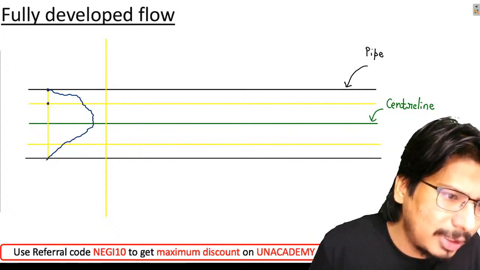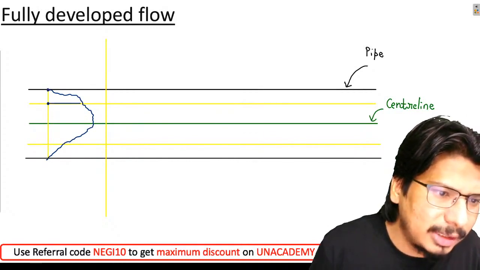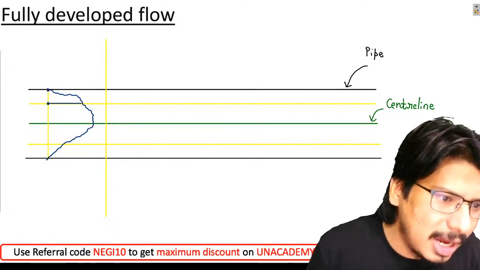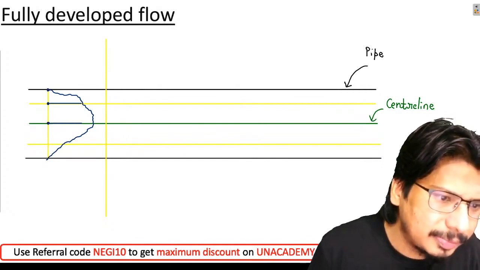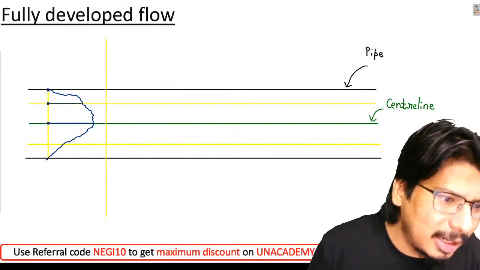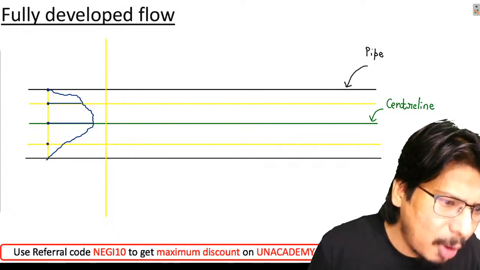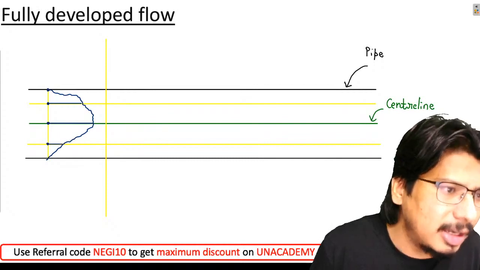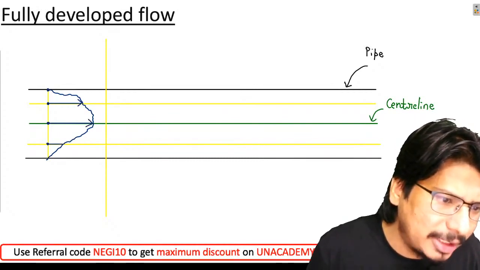The fluid particle which is here has some random velocity, this much. The fluid particle here has this velocity, and this one has this velocity. And it will keep on changing within this developing region. This velocity profile, whatever I have represented right now, will keep on changing beta.